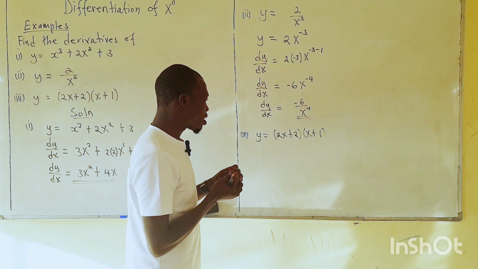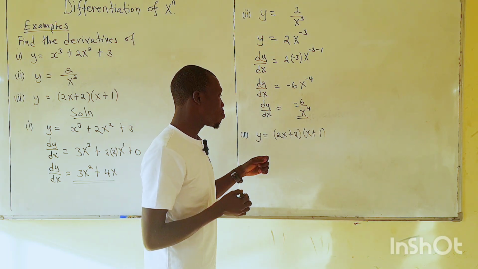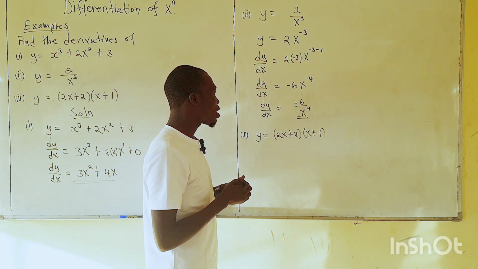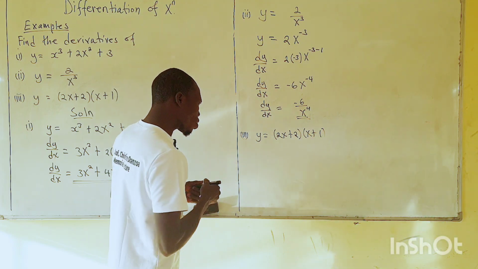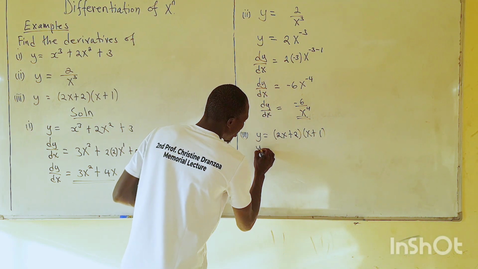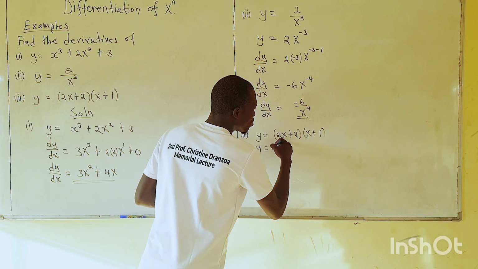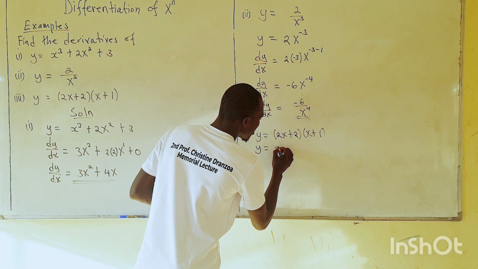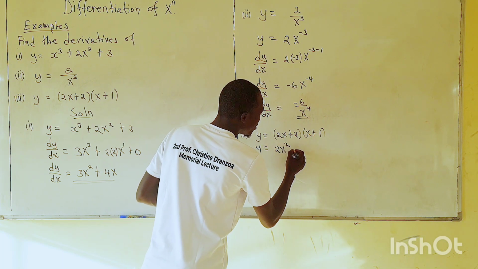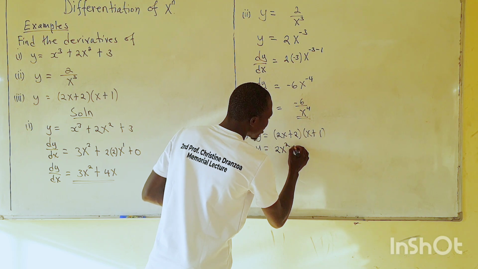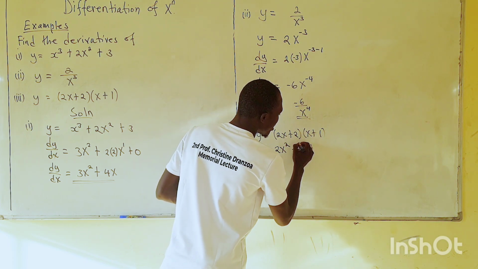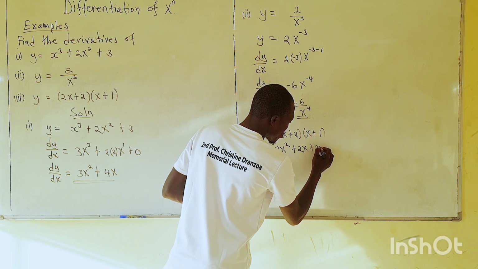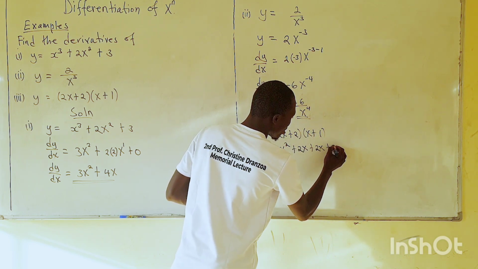Since we have not yet introduced the product rule, we first expand to open the bracket. Multiplying, we have 2x squared plus 2x, plus 2x plus 2.